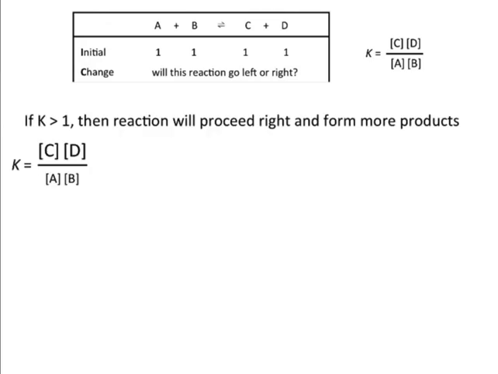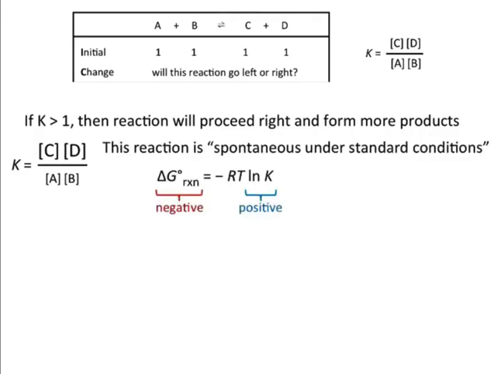If K is bigger than 1, then if you start from everything equal to 1, you're going to make more products and less reactants. So it's going to proceed to the right and make more products. And so we call this reaction spontaneous under standard conditions. You start at 1 molar of everything. It's spontaneous if it goes to the right from there. And you'll have more products present at equilibrium than reactants.